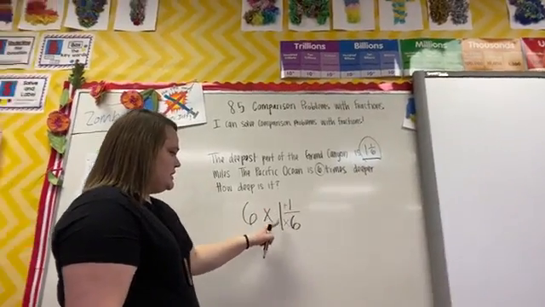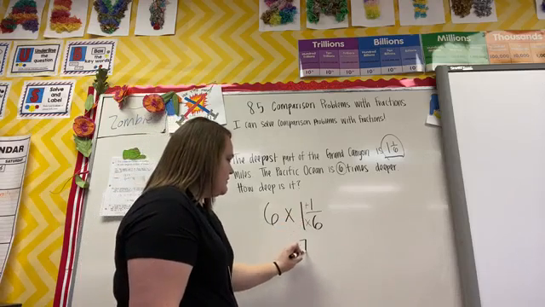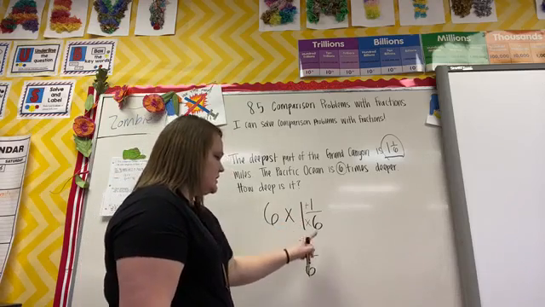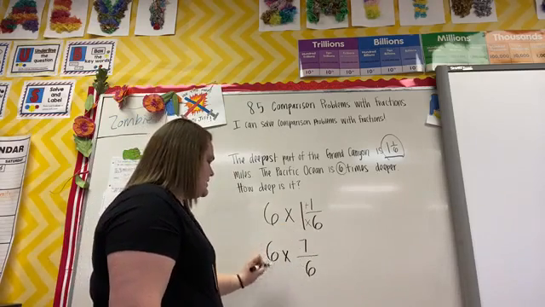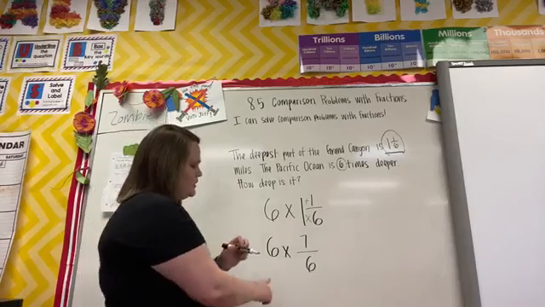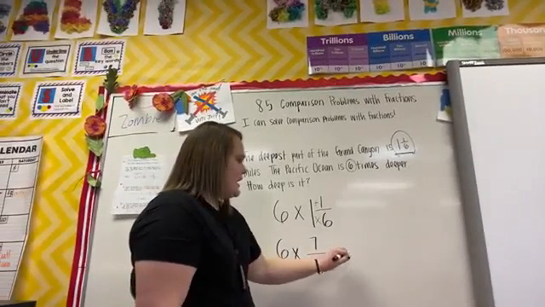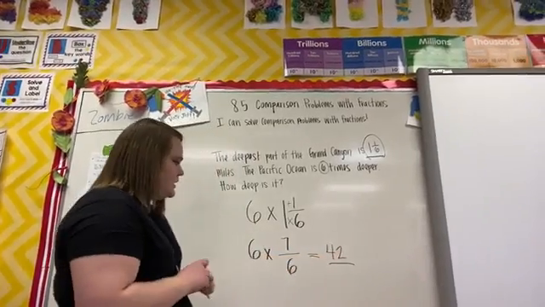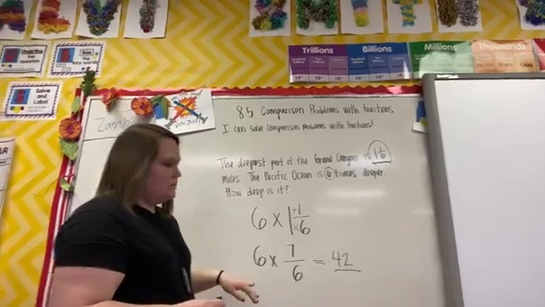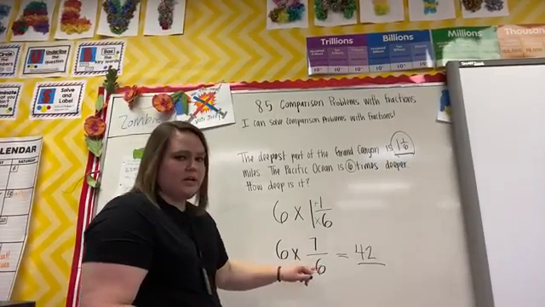So I'm going to have 6 times 1 is 6 plus 1 is 7 over 6 because my denominator stays the same. And now I can multiply that by 6. So I'm going to do 6 times 7, and that gives me 42. Okay? Whenever I multiply a whole number by a fraction, I always multiply my whole number by the numerator.